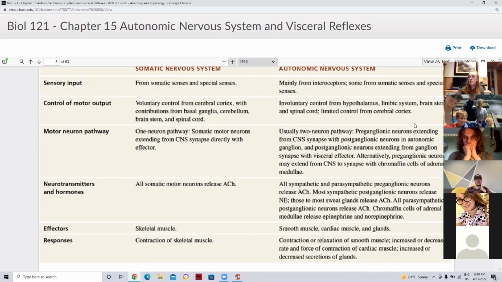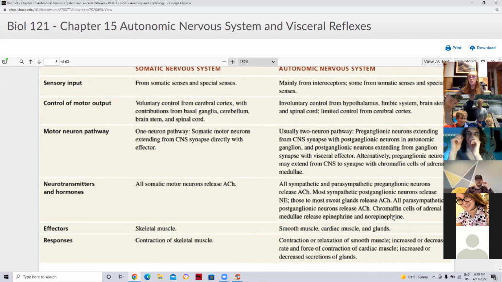Chromaffin cells, where preganglionic neurons are going to synapse with chromaffin cells of the adrenal medulla. The chromaffin cells are releasing the neurotransmitters, or we call them neurotransmitters. Remember that there's a gray line between calling something a neurotransmitter or a hormone.